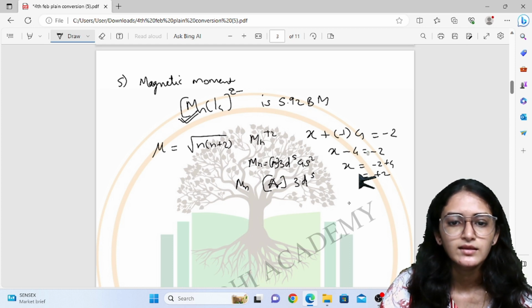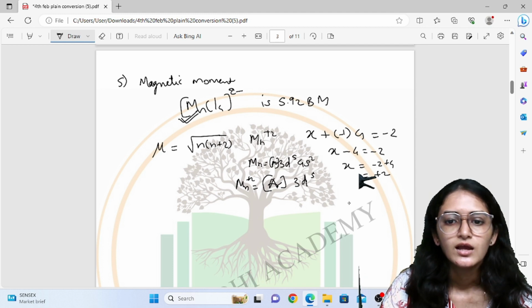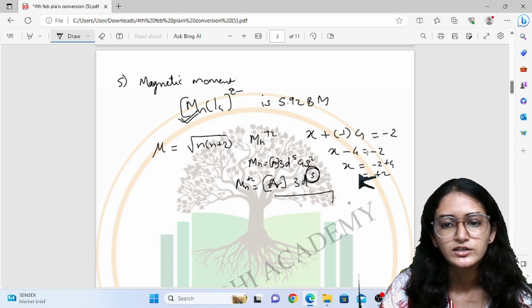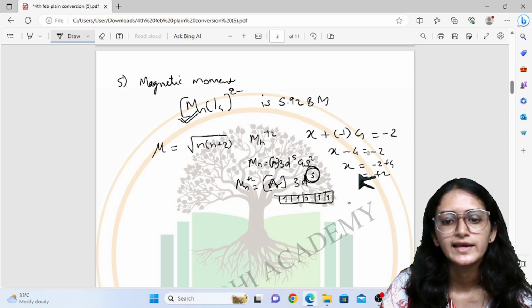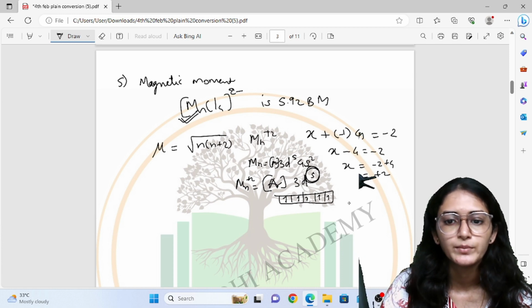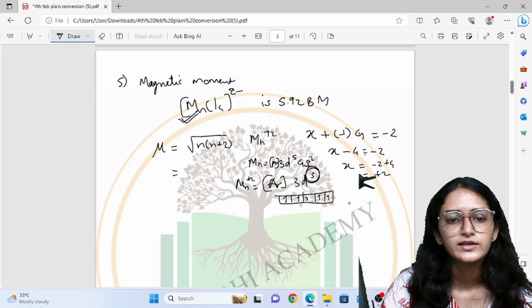So Mn plus 2 will have argon 3d5 configuration, and these 2 electrons will be lost. So from this we come to know that we have a total of 5 d orbitals. We fill them like this, and you will see that there are 1, 2, 3, 4, 5 unpaired electrons. 5 unpaired electrons.